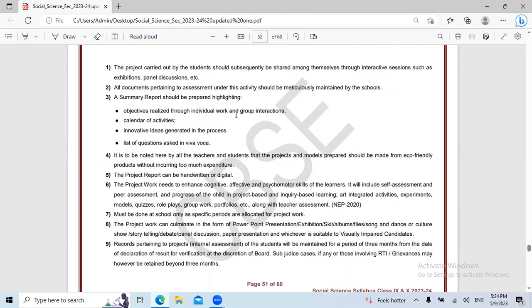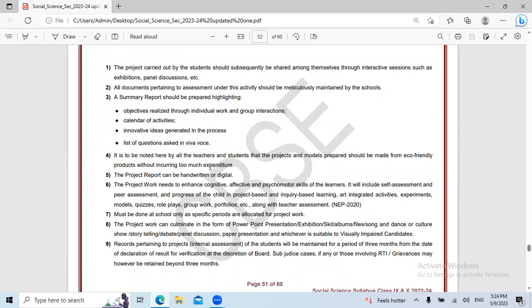Two summary reports should be prepared highlighting objectives realized through individual work and group interactions, calendar of activities, innovative ideas generated in the process, and the list of questions asked in the Viva.